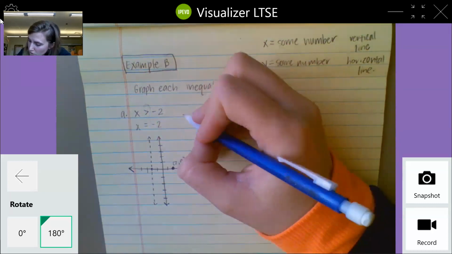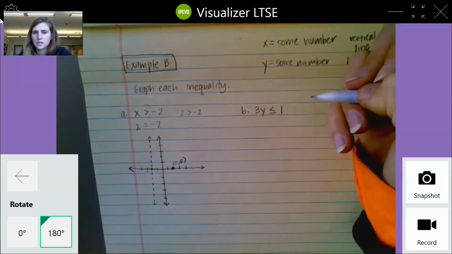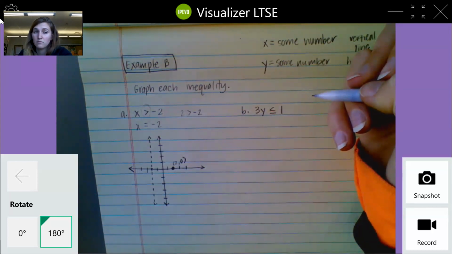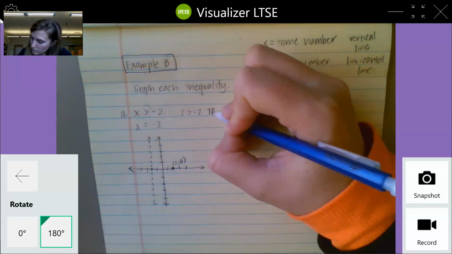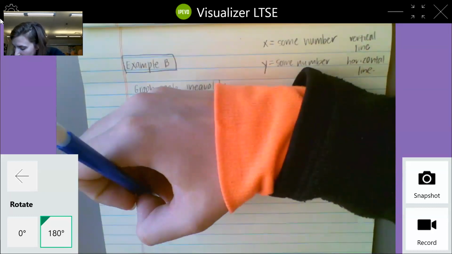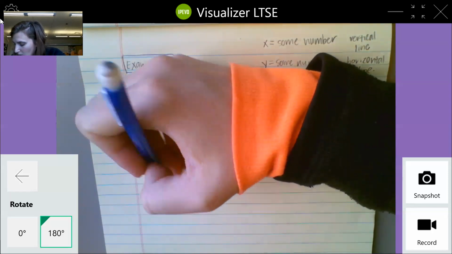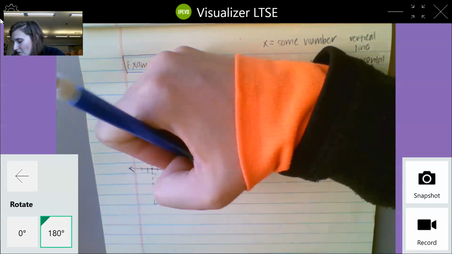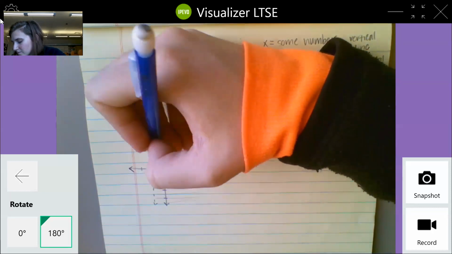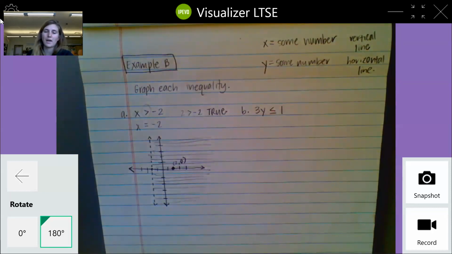So is 2 greater than negative 2? Is 2 greater than negative 2? Yeah, that's true. So that tells me that I need to shade this side of the inequality. And this half plane is going to be my solution.